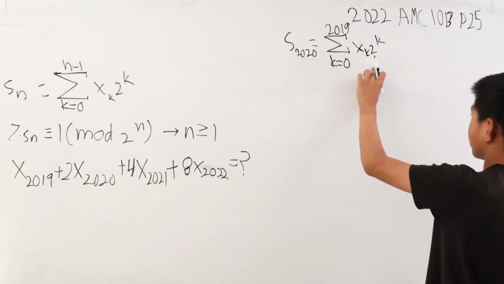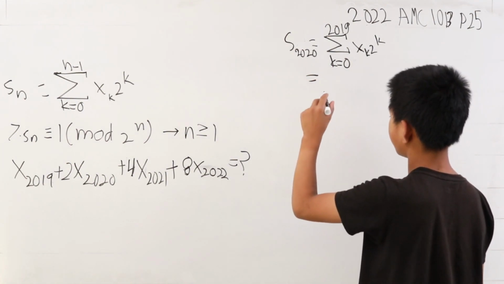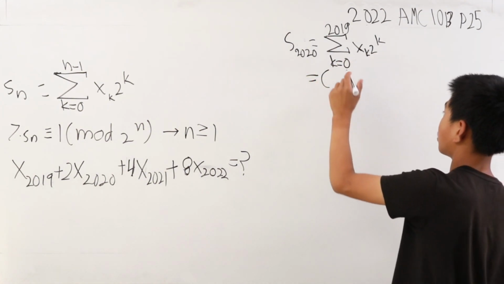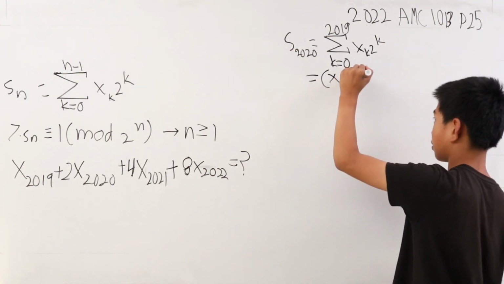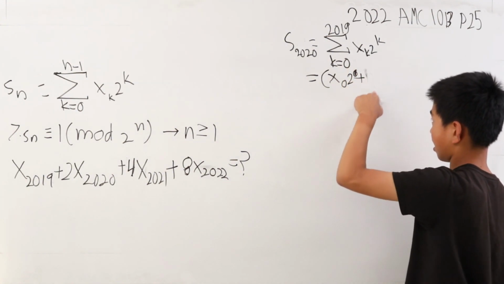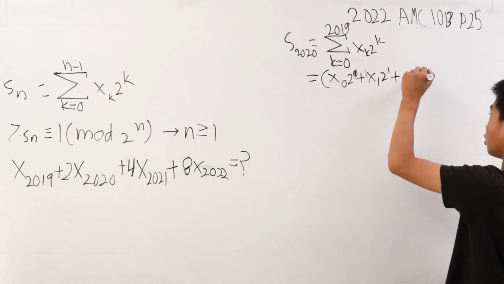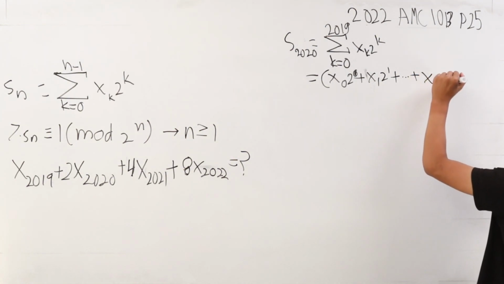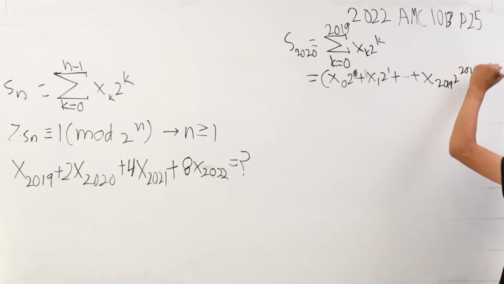Basically, a sigma notation, if you don't know, is just a fancy way of adding all the numbers here. This is x0 times 2 to the power of 0 plus x1 times 2 to the power of 1 plus all the values until you add the last one, which is x of 2019 times 2 to the power of 2019.